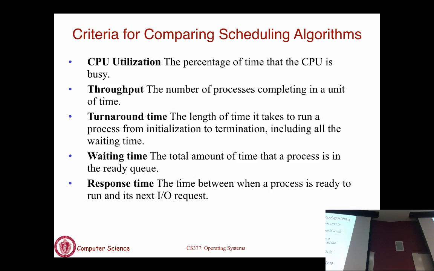If you try to make one better, it is probably going to come at the expense of something else, as we will see. So it is important for an OS kernel designer to figure out what kind of system or applications are actually going to run on it, and choose scheduling policies that optimize the metrics those applications care about.